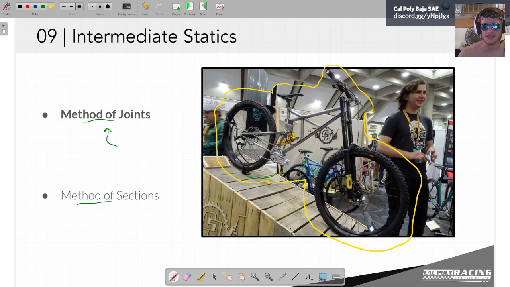This is a titanium frame that they actually designed, welded together, and did all the engineering on. And this guy, Fedor, he's pretty sweet. He's a shop tech.